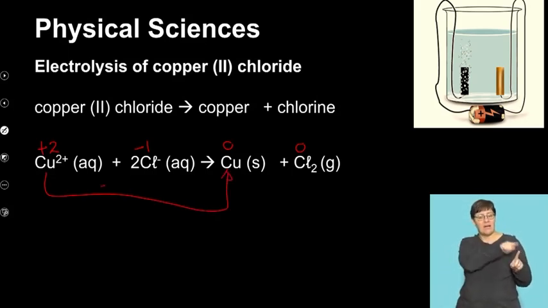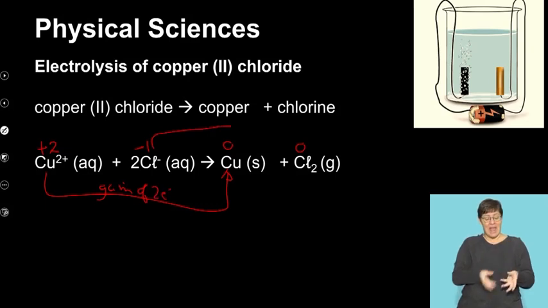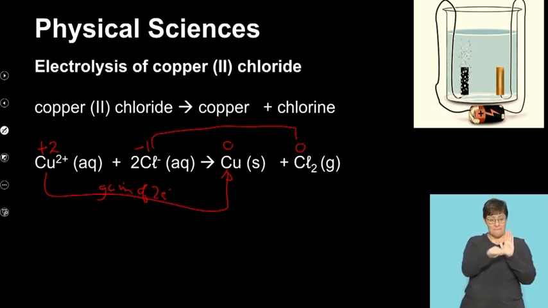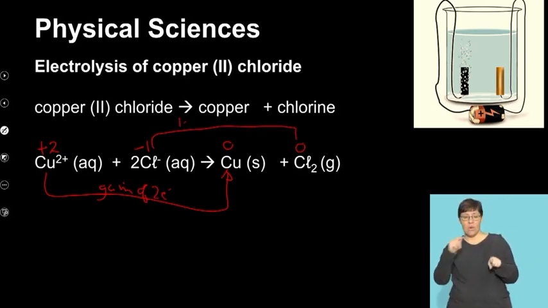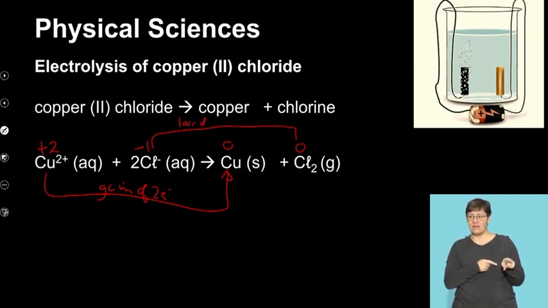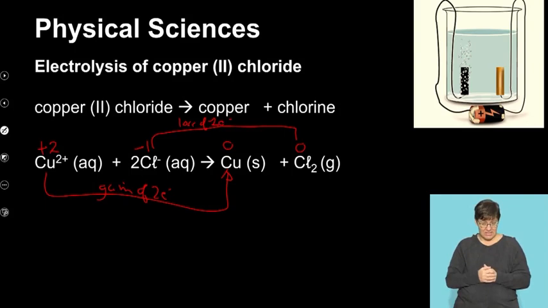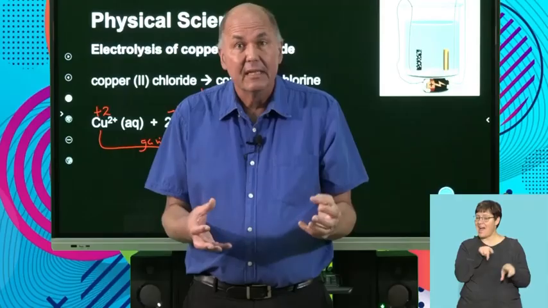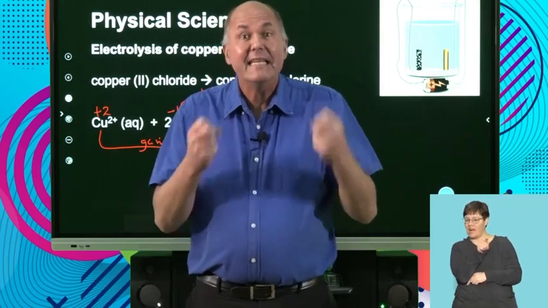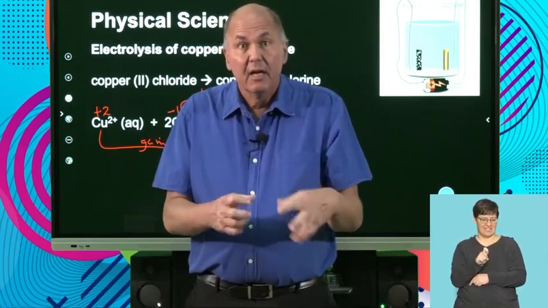Well, that's been a gain of 2 electrons. And over here, it went from minus to 0. So I hope you can see that that's a loss of, and there were 2 of them, so a loss of 2 electrons. So clearly, this electrolysis experiment is helping us to understand that it is a redox reaction, just by looking at the change of oxidation number.